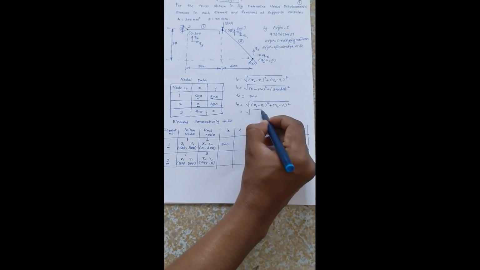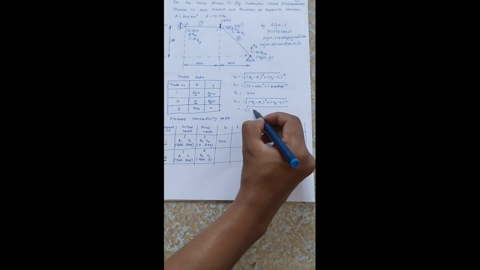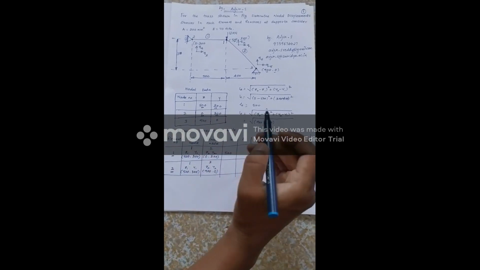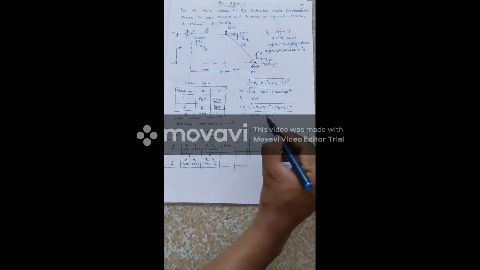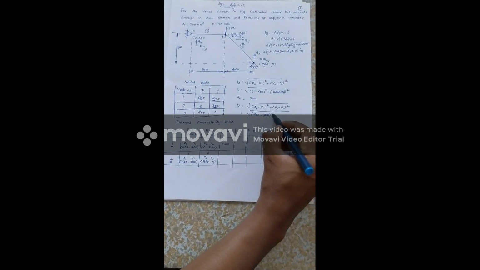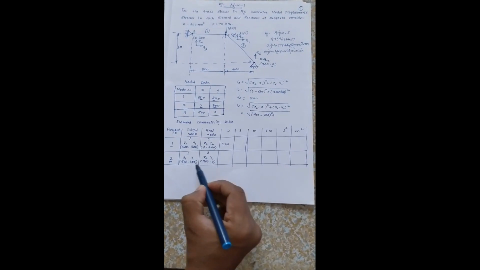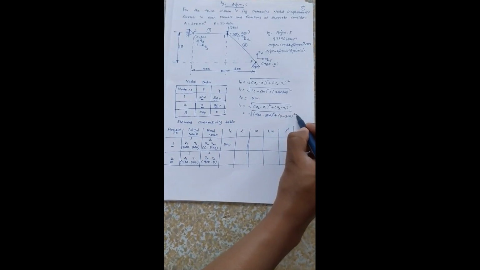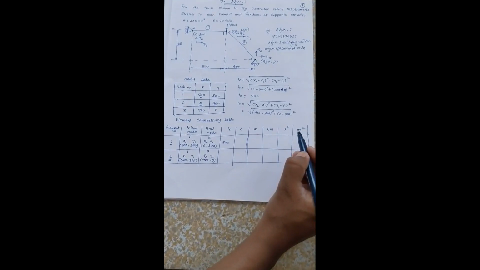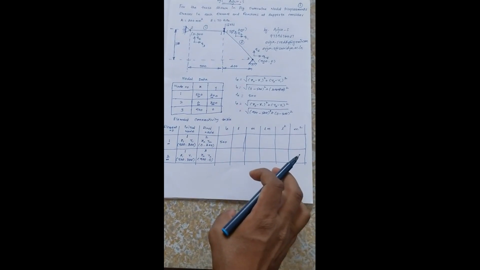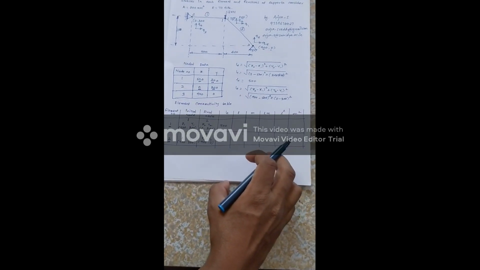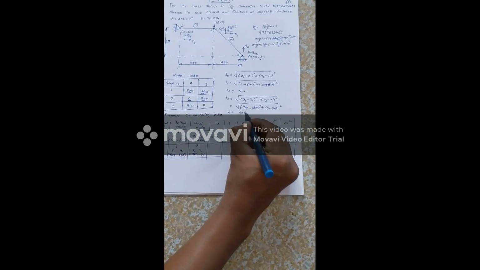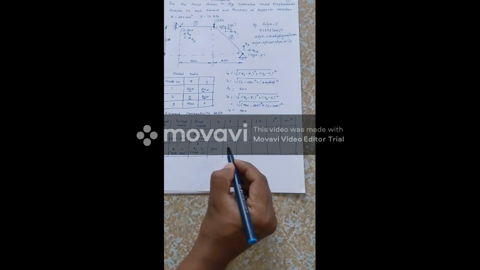If you substitute these values, x2 is 900, x1 is 500 whole square plus y2 is 0, y1 is 300, 0 minus 300 whole square. Now if we find the length of the element, it happens to be 500, so we'll write that 500 here.